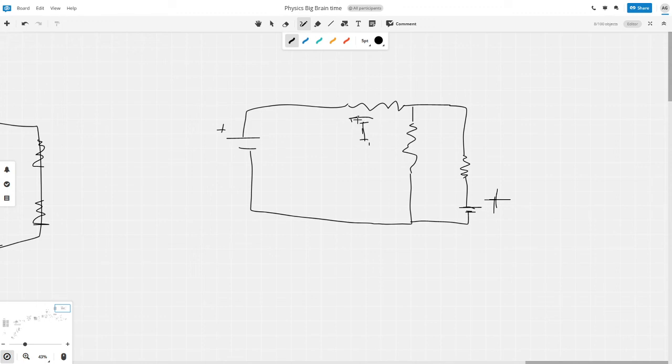If you're drawing I3 as going down, then yes, it would still be the same.